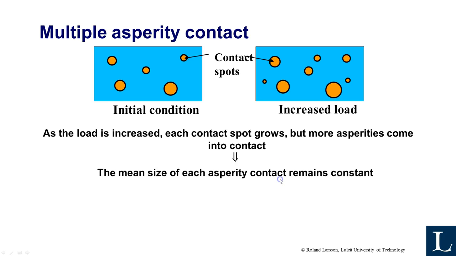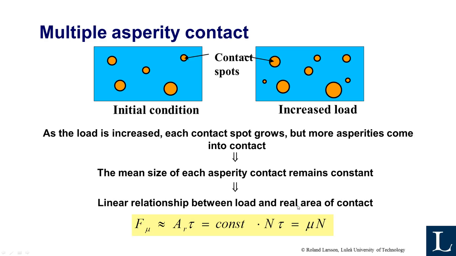For some surface roughness, you may say that the mean size of the asperity contact remains constant. So the individual spots grow when the load increases, but the mean size of the spot remains constant. It's just the number that is increasing. And that actually creates a linear relationship between load and real area of contact.